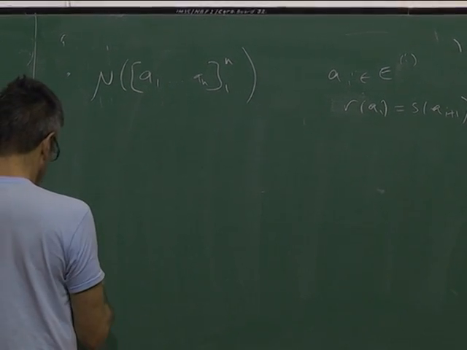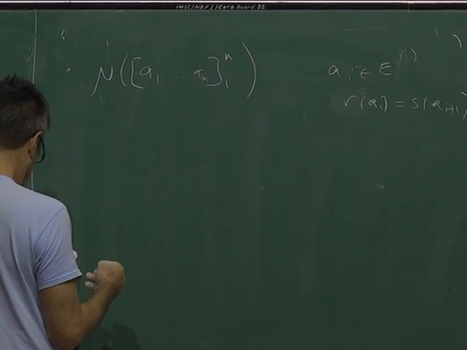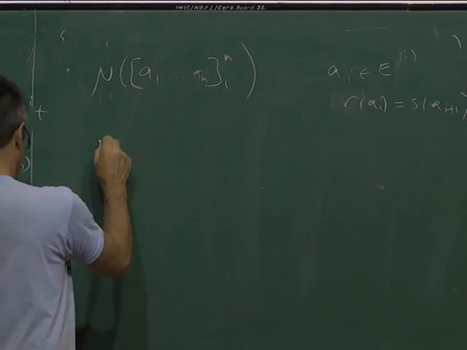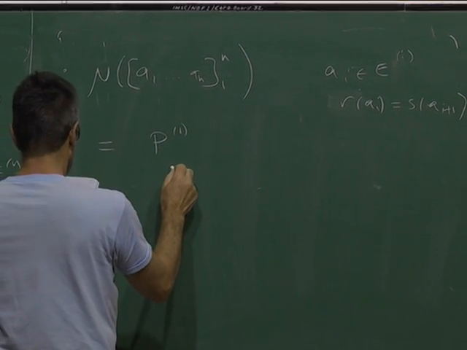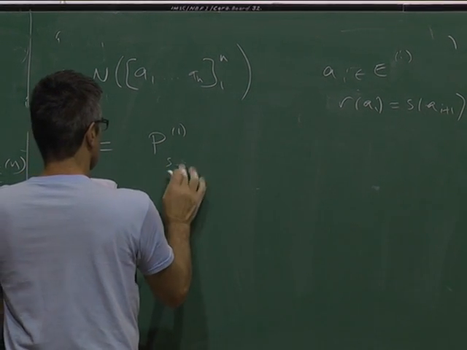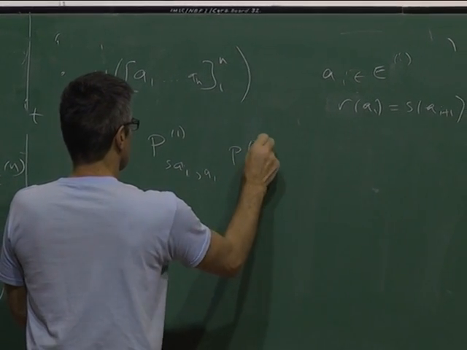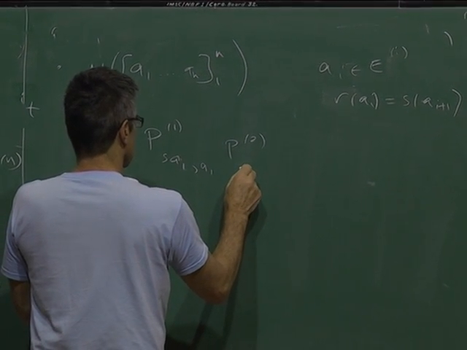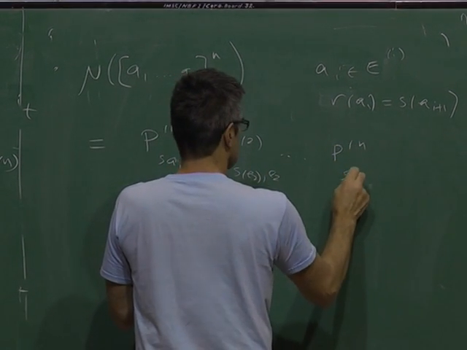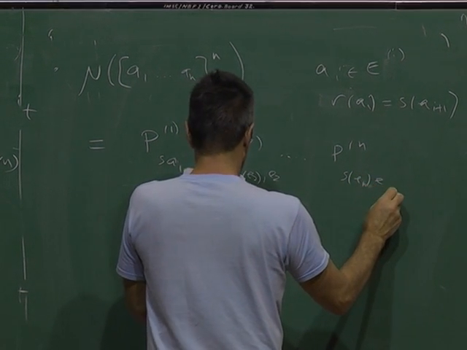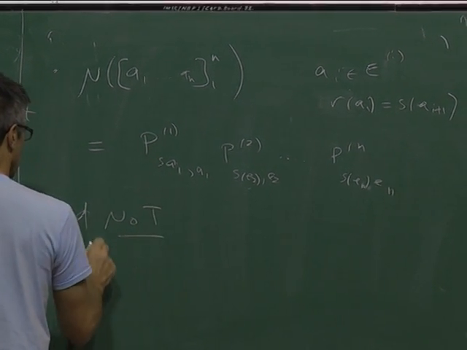Then I'll define mu of that to be equal to P_1 of the source of A_1, A_1, P_2 of the source of E_2, E_2, and then d mu composed T over d mu.